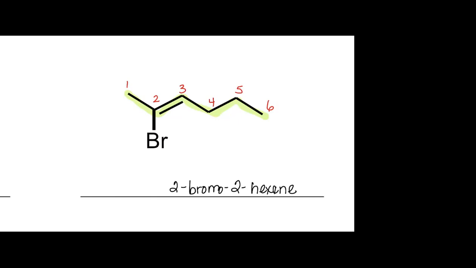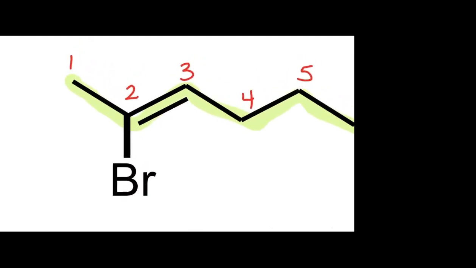Okay. How do we determine if this is cis or trans? Well, we have to look more closely at the molecule. And this is what we need to do, you guys. You're going to take your alkene and you're going to split it in half. And then we're going to prioritize the groups that are bonded to each of the carbon atoms that are held by a double bond. So remember, there's a carbon right here that is bonded to a hydrogen.